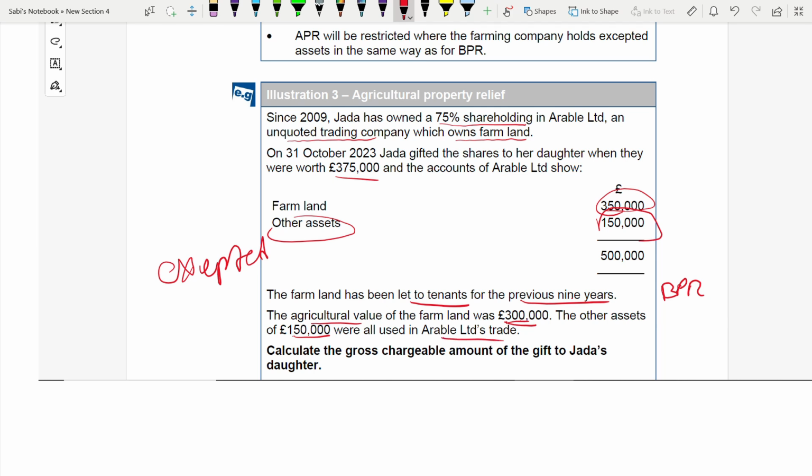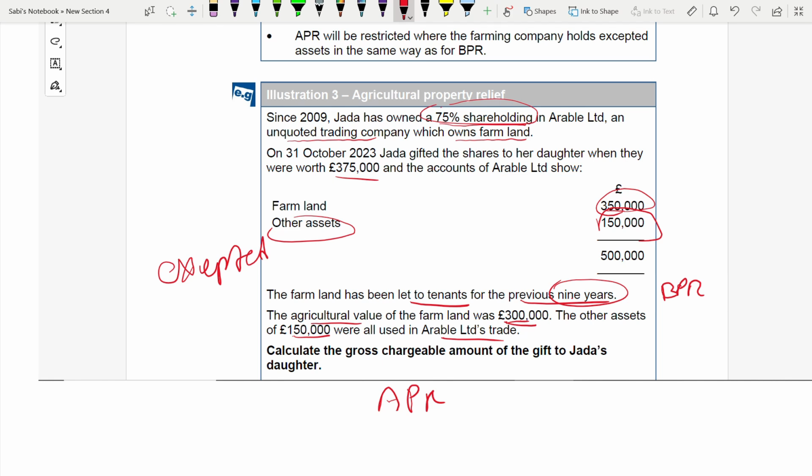So now, first let us decide what is available. APR will be available, because there is a controlling shareholding. Number one, controlling shareholding. Number two, farmland has been let out for the previous 9 years. Two reasons.